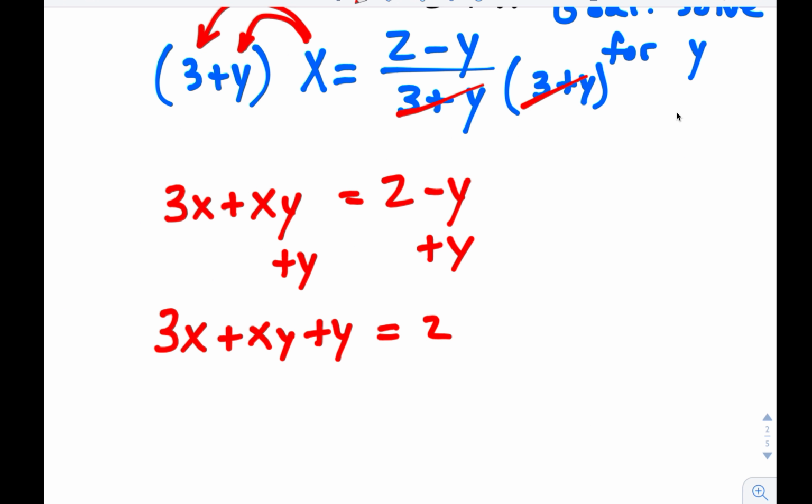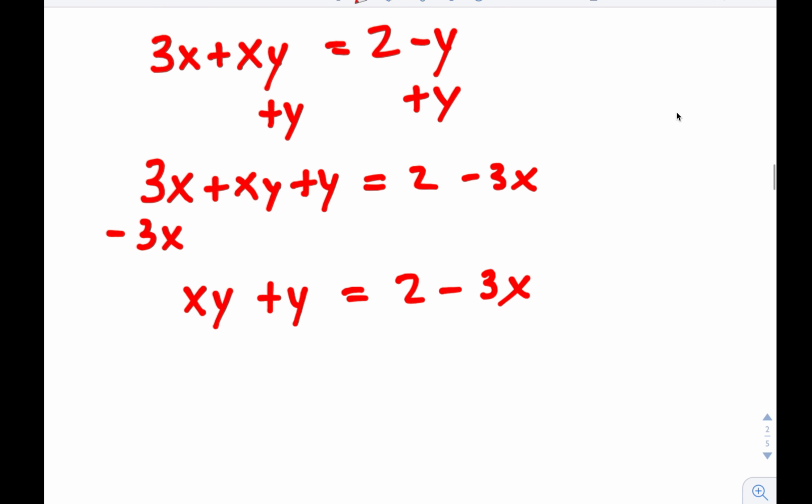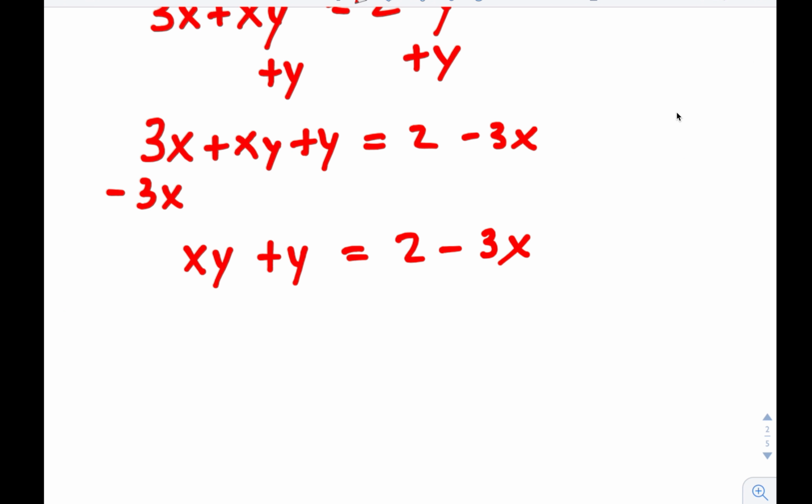And then I'm going to subtract the 3x over because that doesn't have a y term. So now I have xy plus y equals 2 minus 3x. And then I see on the left side I have a y term in common. So I'm going to factor that out, leaving me with y times x plus 1 equals 2 minus 3x.